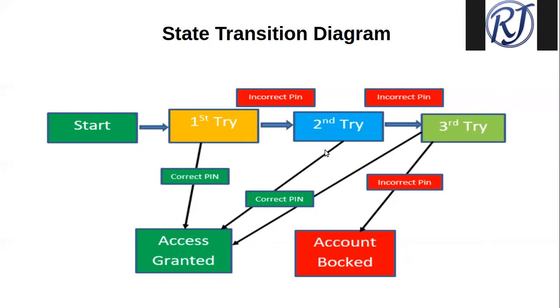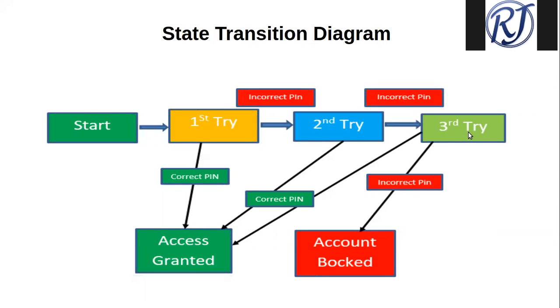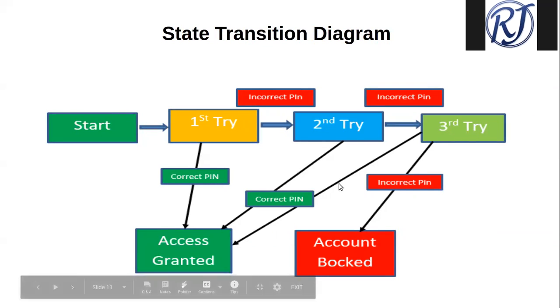In second try if he enters the correct pin, then access will be granted again. But if he enters an incorrect pin, then he will reach the third try. In third try if the user enters the correct pin, then access granted. But this time if he enters an incorrect pin, the account will be locked.